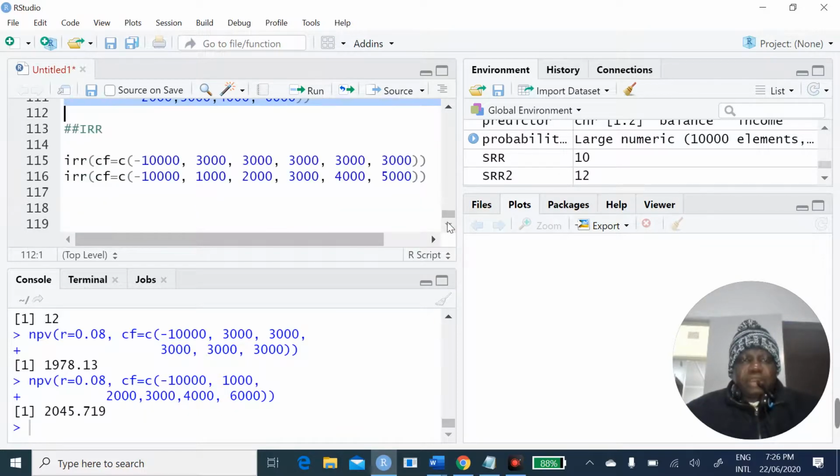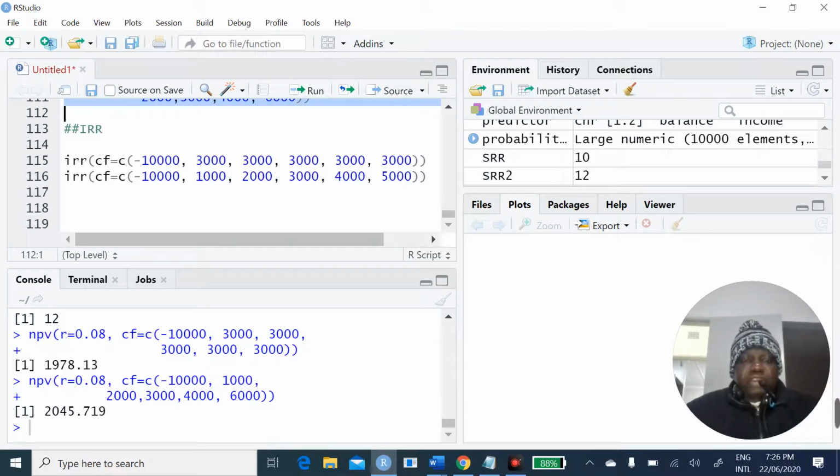Internal rate of return, we know that is when your NPV is equal to 0, the interest rate at which your NPV is equal to 0, which is your marginal efficiency of capital. To do that, very straightforward, just IRR.